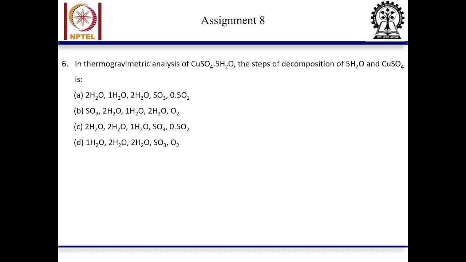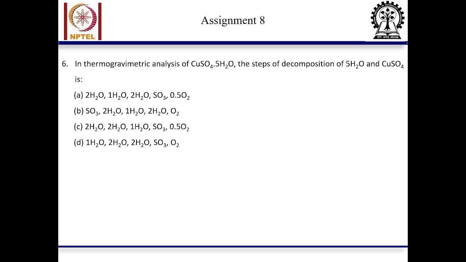Now next is the question. In the thermogravimetric analysis of copper sulfate pentahydrate, the step of decomposition of 5 water molecules in copper sulfate is? Can anyone tell like what is the answer for this? Question number 6.